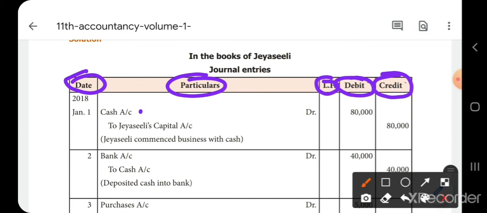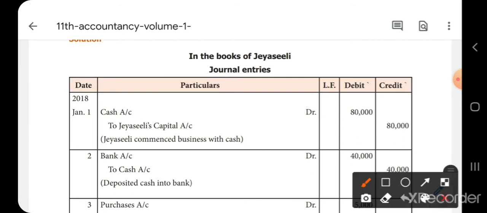Whatever is coming in, whatever account you have to debit, you will write cash. You will start from the margin, cash account Dr. Dr you will write at this end. Dr means debit, the account which has been debited. And just give a little space.